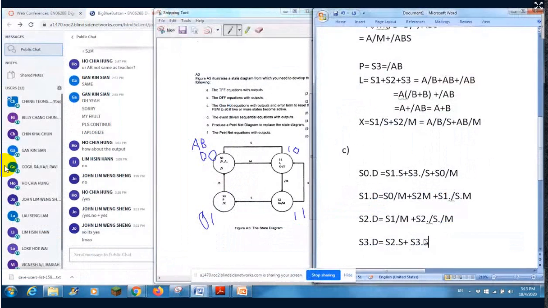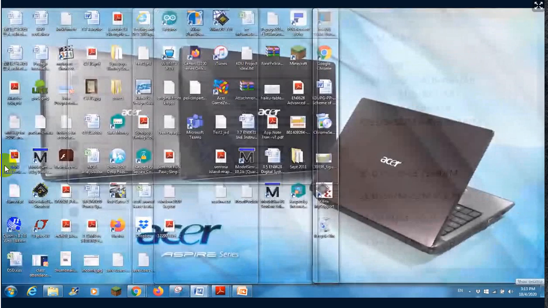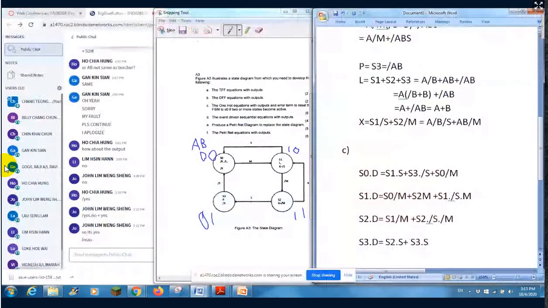So for the error term, because you have S0 until S3, your error term is S0 S1, or with S0 S2, or with S0 S3.